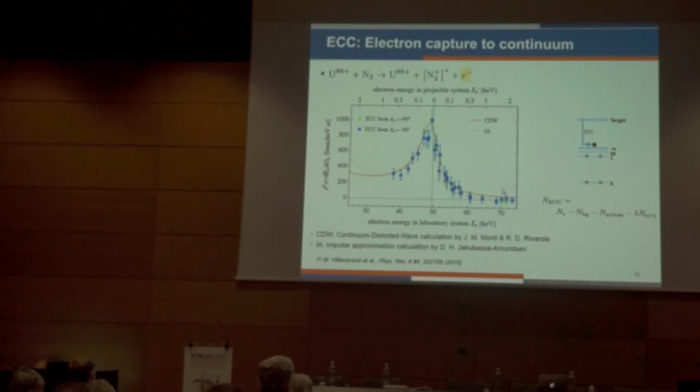And a fully relativistic two-center approach for continuum electrons is, as far as I know, not yet available, but we use non-relativistic continuum distorted wave calculations or also impulse approximation calculations to reproduce this. For the CDW calculation, there's a poster tomorrow. So the details you have in another paper.